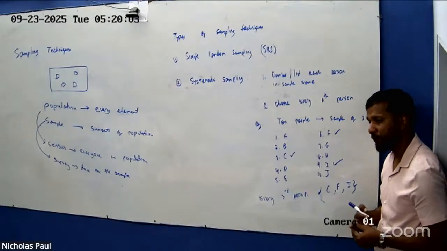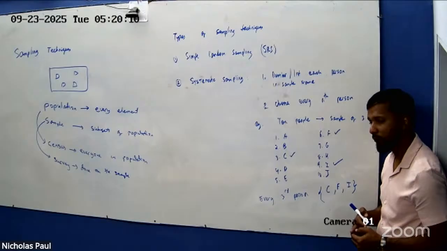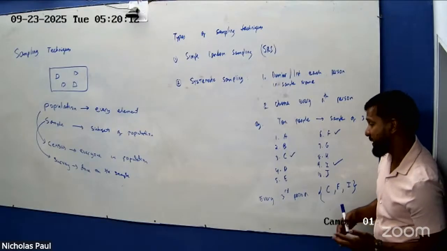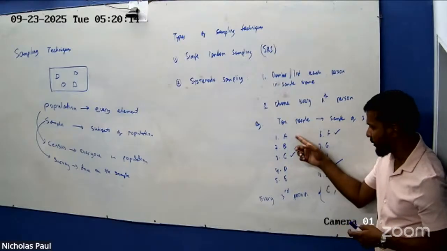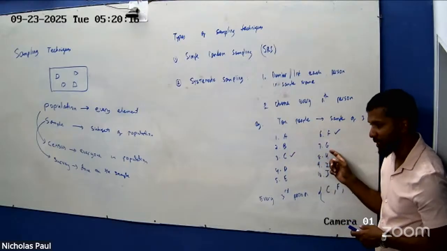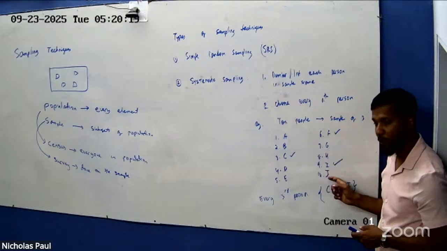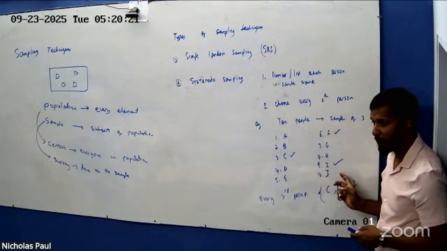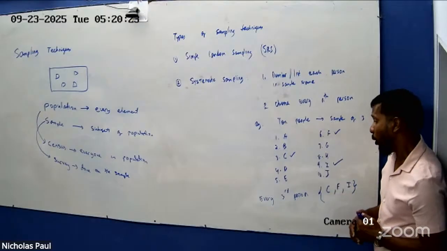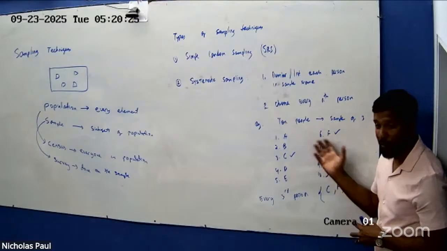Just suppose the first 7 are girls and the next 3 are boys. What would you end up with? 2 girls, 1 boy.